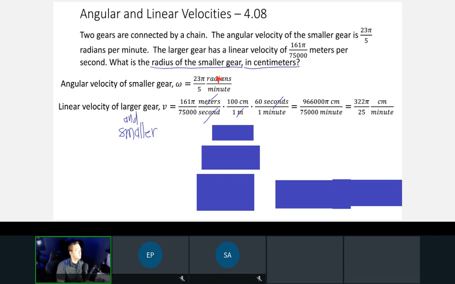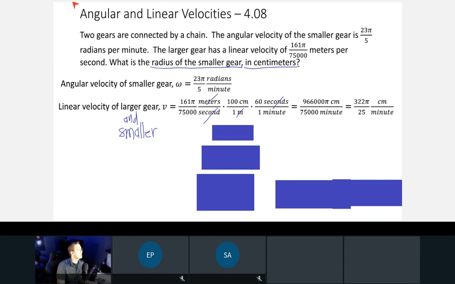We have radians per minute for the angular velocity, and centimeters per minute for the linear velocity. We are in terms of centimeters, which is what the final answer will be, and both of these velocities, angular and linear, are in terms of minutes. They match, and that's a good thing. If they didn't match, we couldn't really do anything.